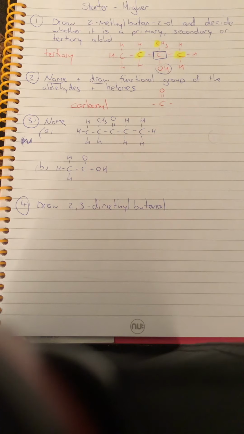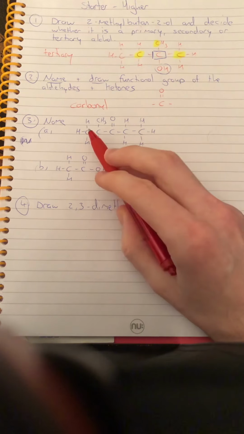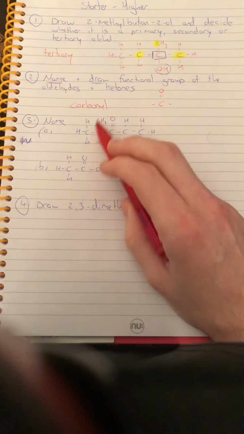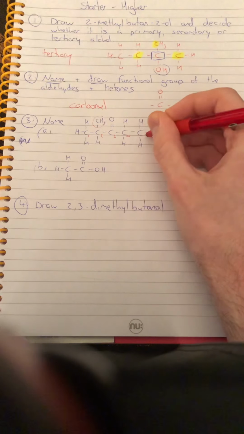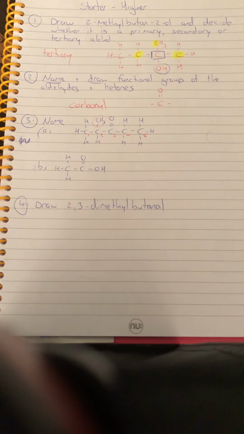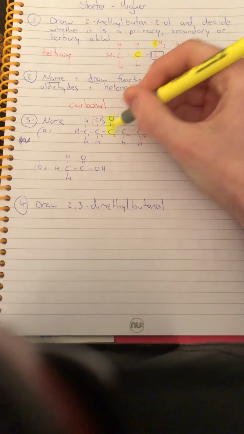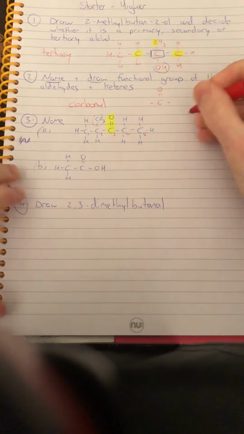Question 3a, name that molecule. So again, we start from the side closest to the functional group. The functional group is bang in the middle. So we then start at the side closest to the branch, which is there. So that is 1, 2, 3, 4, 5. Okay. You'll notice it's got a carbonyl group. And because the carbonyl group is in the middle of the molecule, between 2 carbons, this is a ketone.